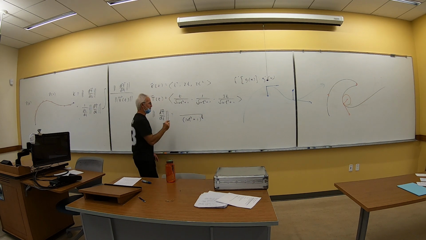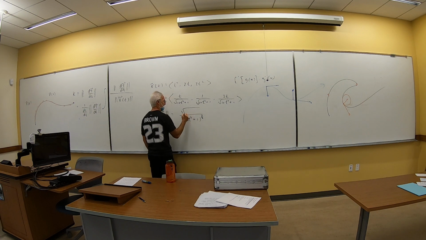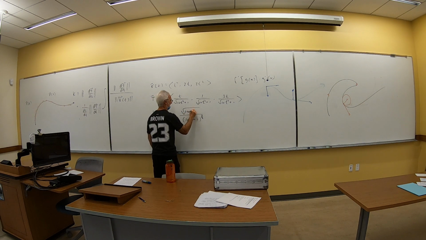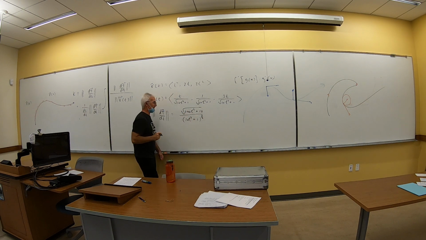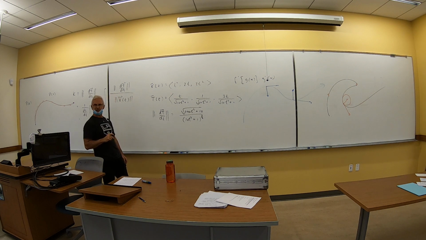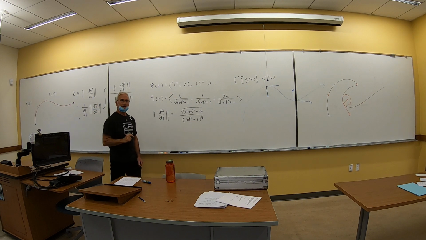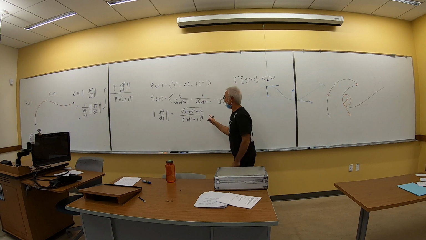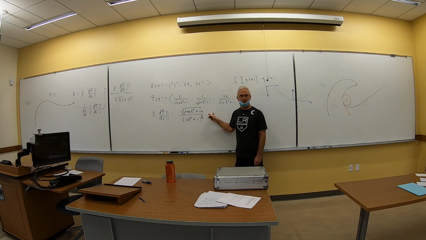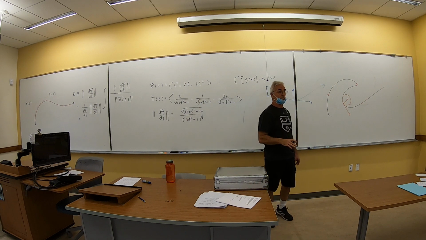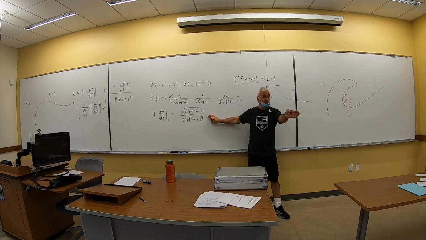Our numerator was the square root of 100t squared plus something. I don't actually remember these things very well. I do make them up on the spot. Was this the magnitude of dT/dt? And then we multiplied by the reciprocal to get the unit normal. Yes. But we needed this to get the unit normal.